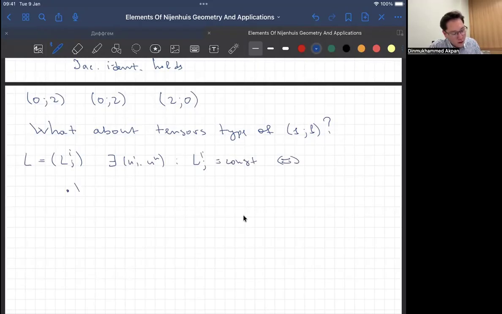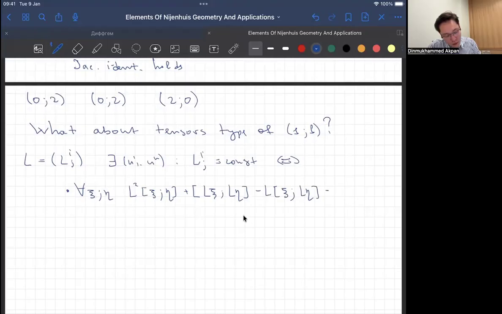First of all, for any two vectors we have this identity. It's a very strange identity, but we will see that it's not so strange.